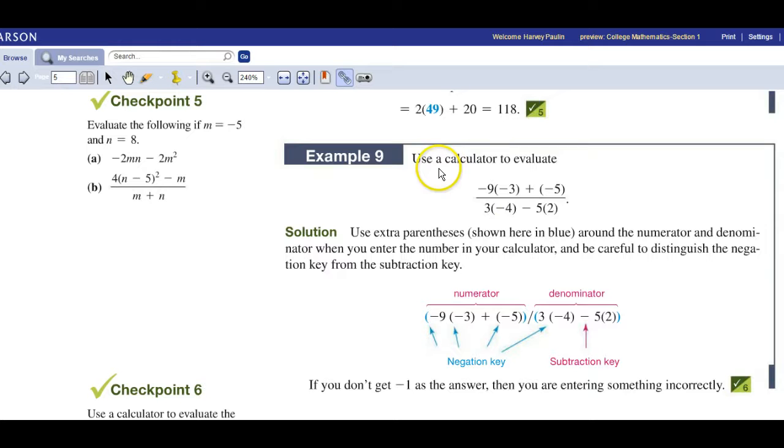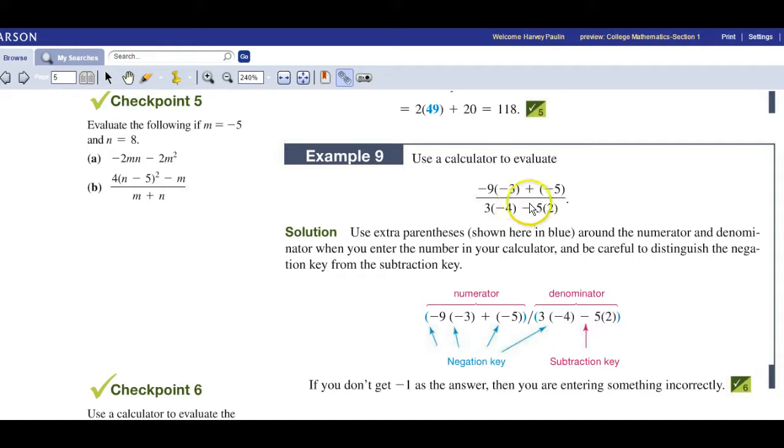And here they're asking you to use a calculator to evaluate this. In most cases you would be using a calculator. And the key is this division bar here is also a grouping symbol. You do everything on the top, get a final value.